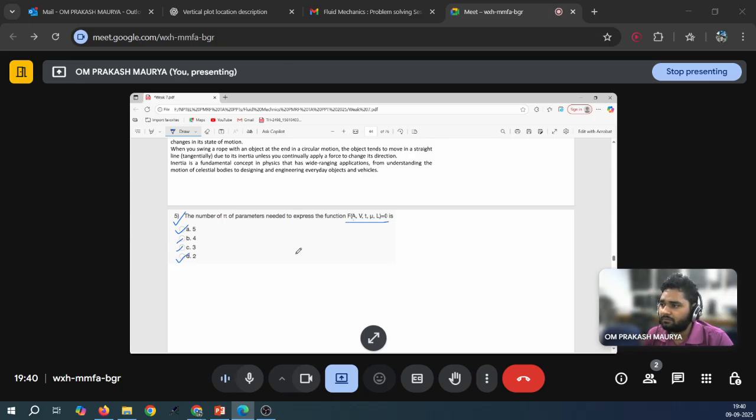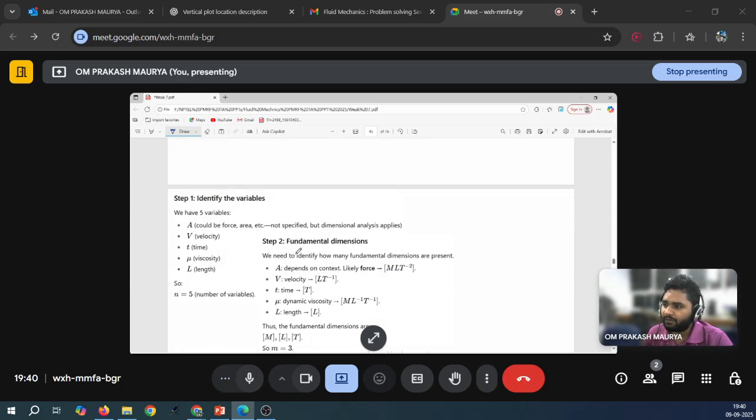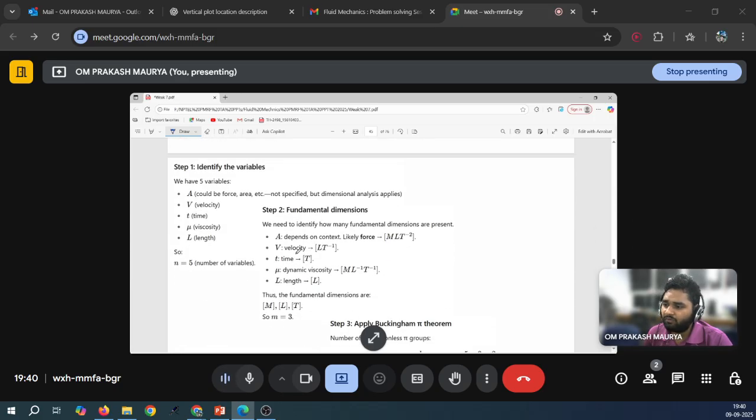So this should be solved using the Buckingham pi theorem concept. In the Buckingham pi theorem, what should be the approach? Step by step I have written. First, identify the variables. So you have 5 variables: first is A, velocity, time, viscosity and length.